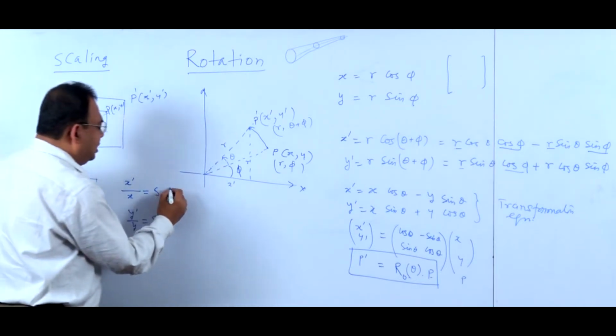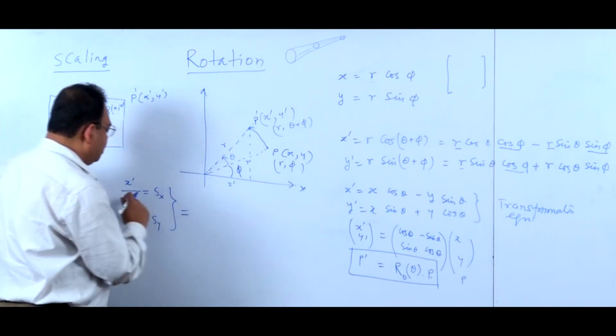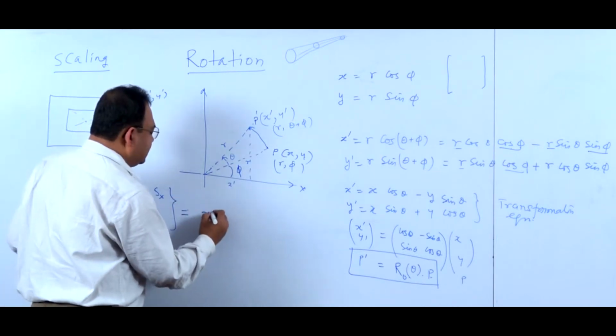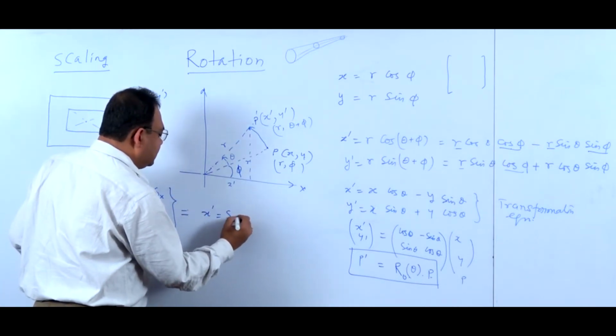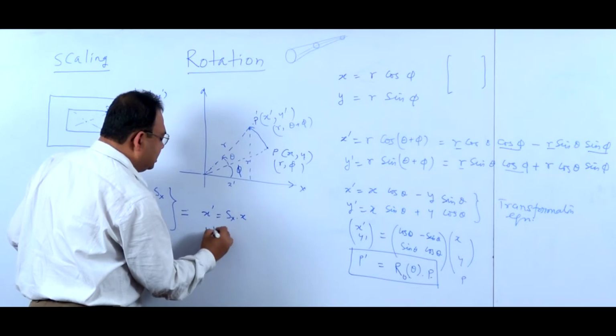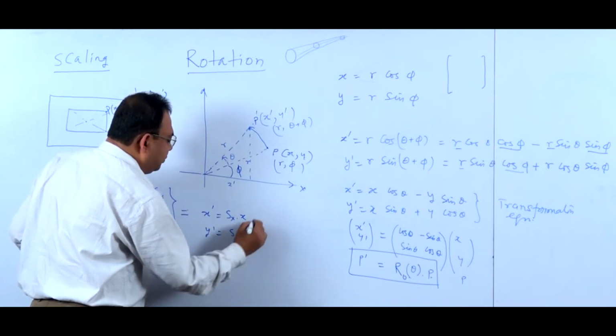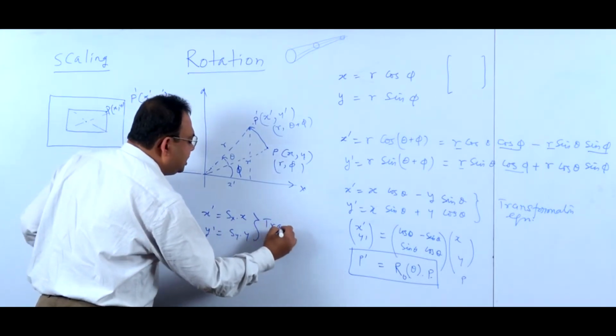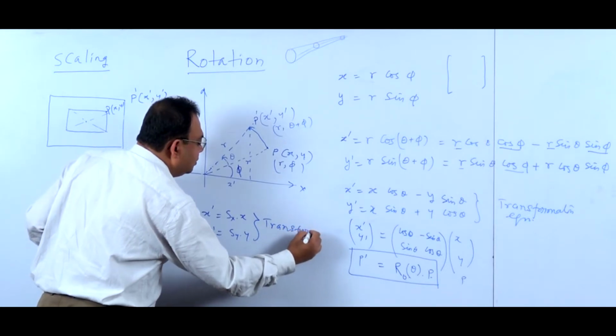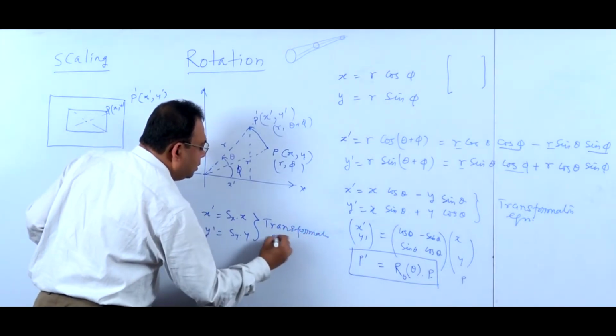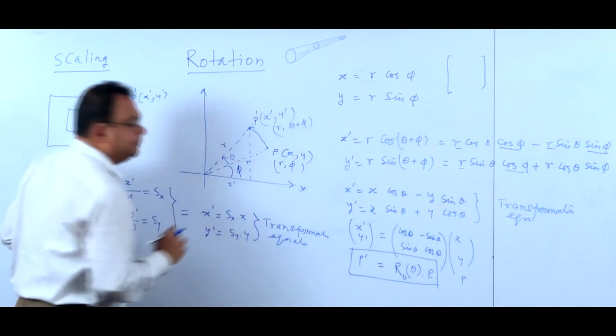So we can write the transformation equations from this as x dash is equal to sx into x and y dash is equal to sy into y. So these are the transformation equations for scale.